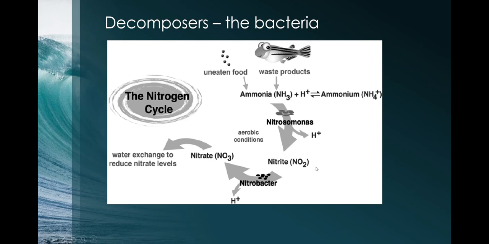But nitrite is changed by another type of bacteria into nitrate, and nitrate can then be used by plants. So if this were in the ocean, we'd have ammonia that gets converted to nitrite, that gets converted to nitrate, and then that nitrate can be used by phytoplankton.